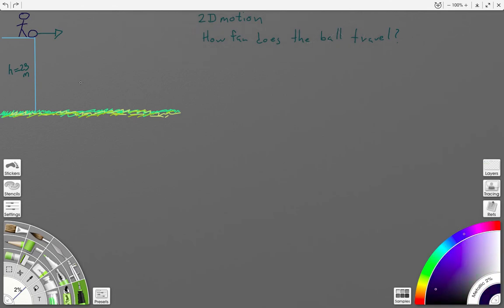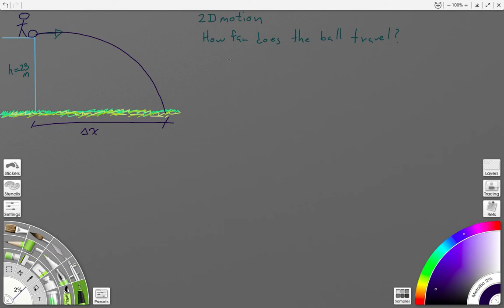So this person kicks the ball, and the ball goes like this. Whoop, like that. Okay, so what I want to know is how far the ball goes. So how far it goes here. So basically what we want is this.